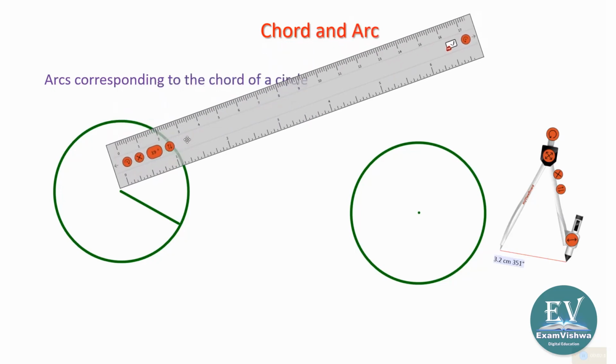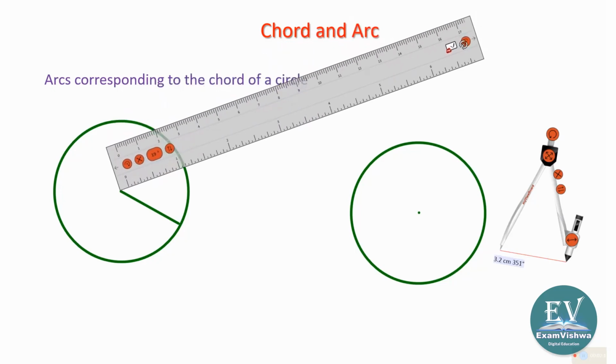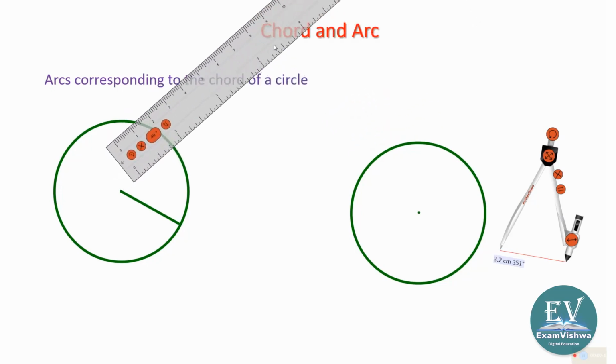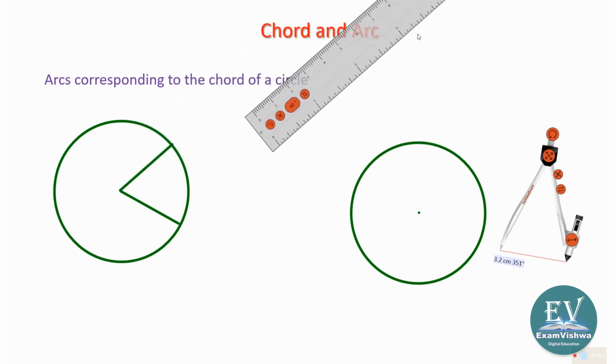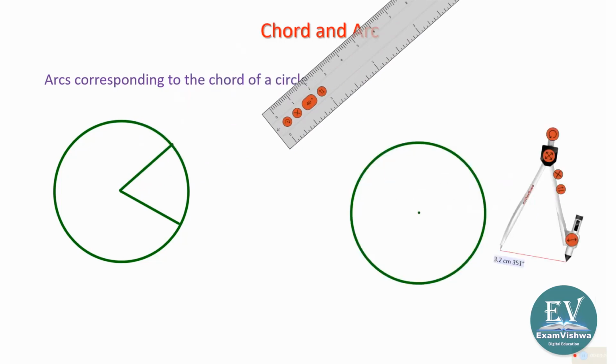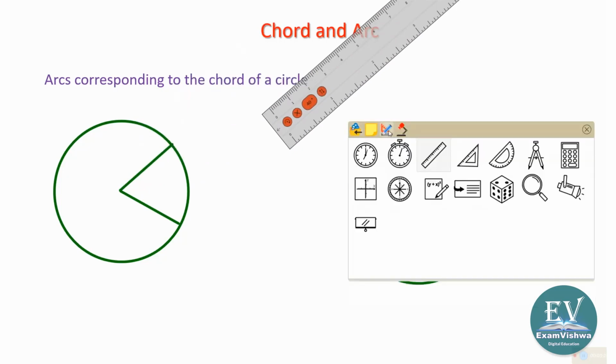I am going to draw another angle, another arm here. This angle is taken roughly, that means we'll measure it later. Again, the angle is drawn, and I am going to measure the angle so that I can make one more angle of the same measurement. That is the purpose.